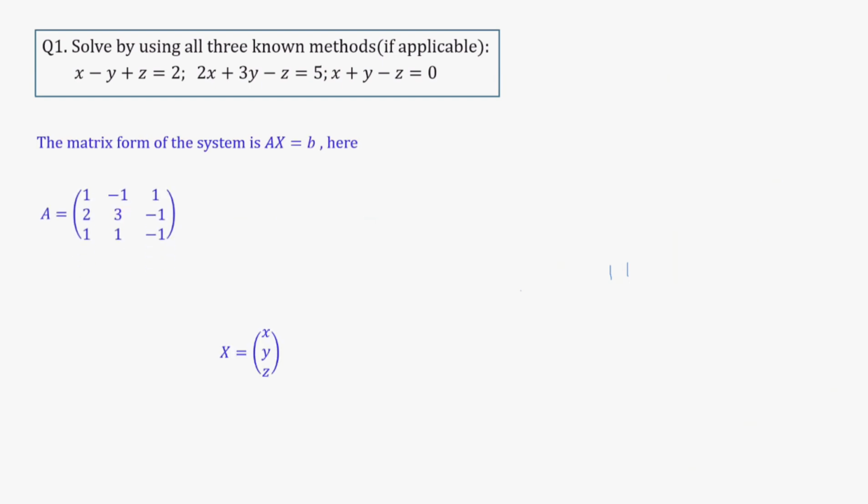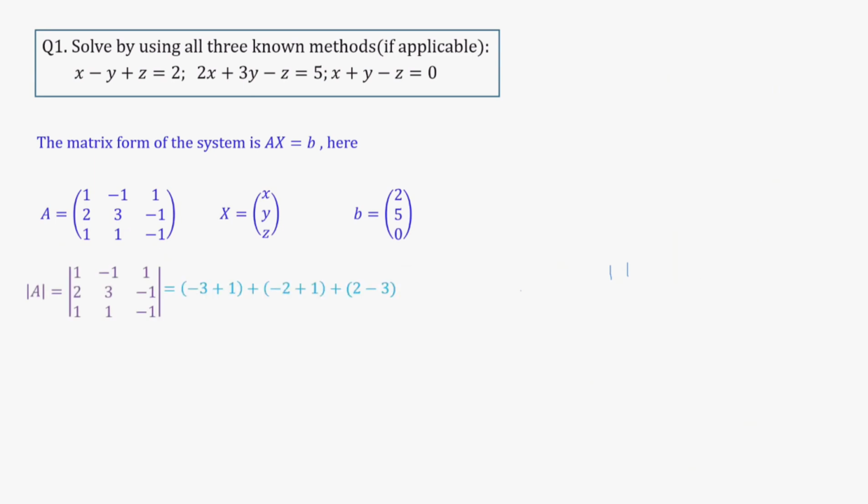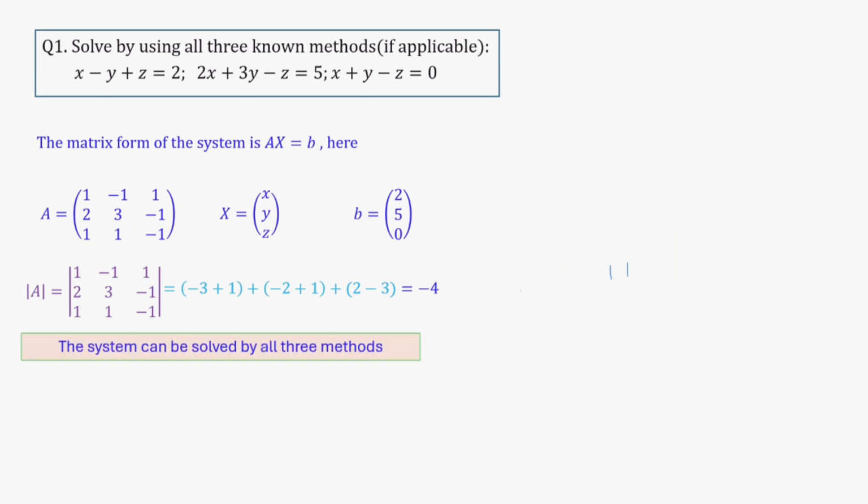Let's move to the next part. So we'll now write the system in matrix form. Then we calculate the determinant, which is equal to minus 4 as in the previous method. So this system can be solved by all three methods, and we will have the unique solution.